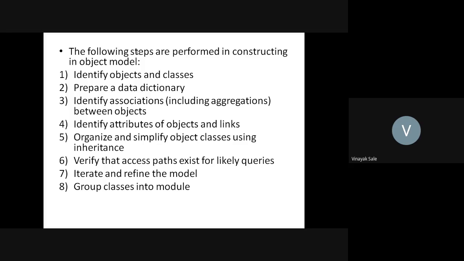Identify attributes of the objects and links. Organize and simplify object classes using inheritance. Verify that access paths exist for likely queries. Iterate and refine the model. Group classes into modules.